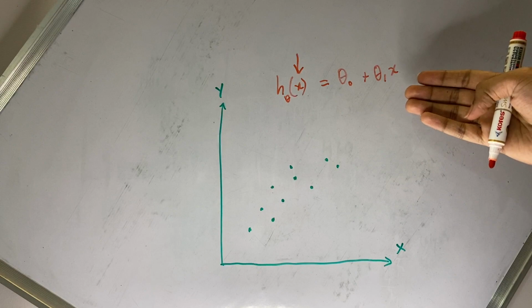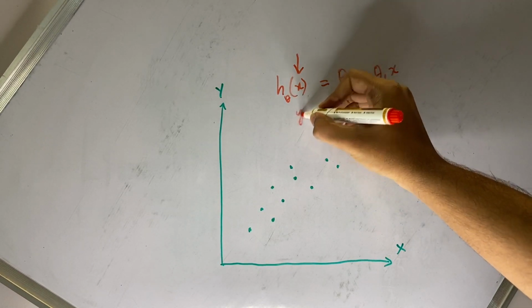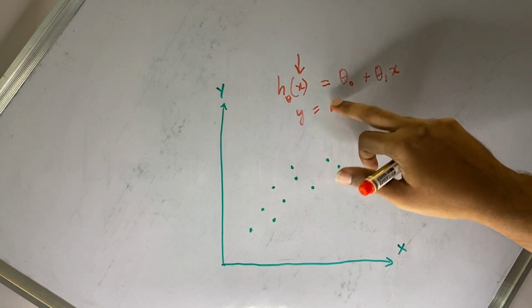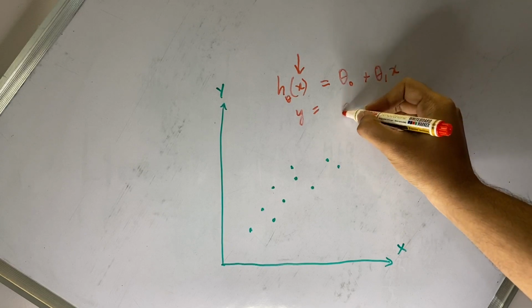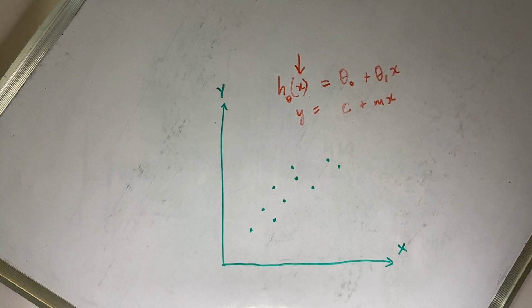This is a linear equation that I'm talking about. This is nothing but y equals mx plus c. I'll put c here, plus mx. This is equivalent to the equation of a straight line.